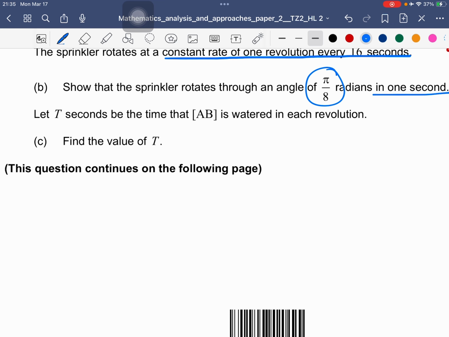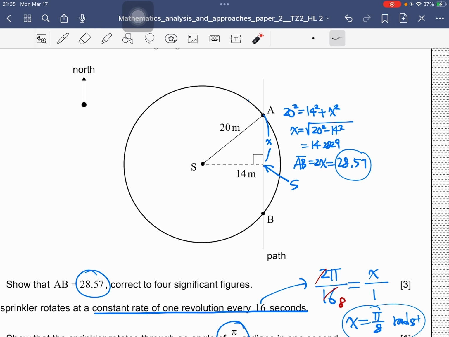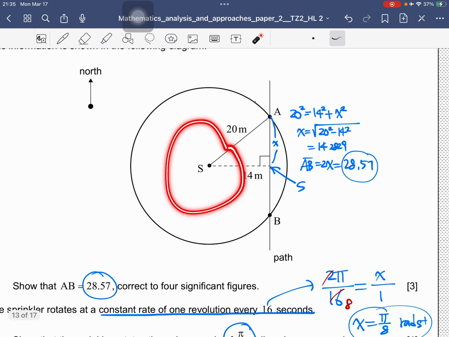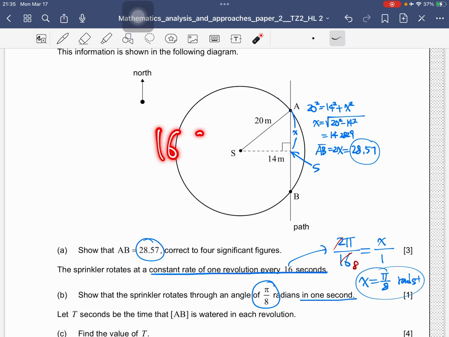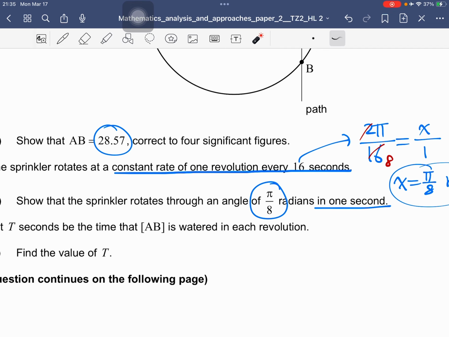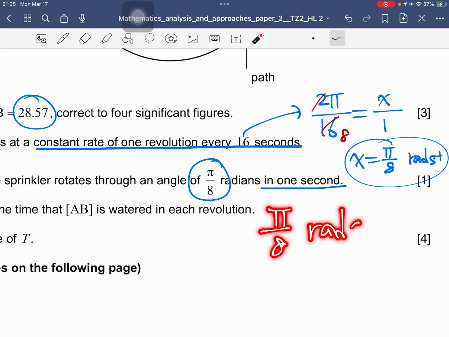Let t seconds be the time that AB is watered in each revolution. Find the value of t. We know that this sprinkler rotates 1 revolution in 16 seconds, so its angular velocity is pi over 8 radians per second.